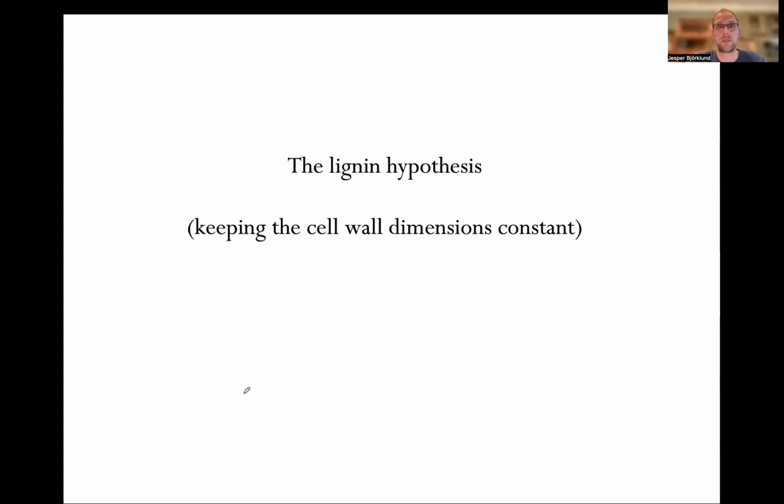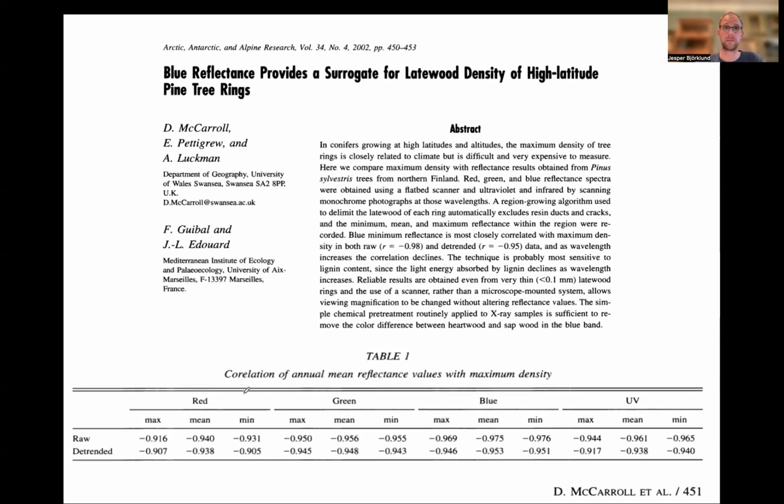So we will start by examining the lignin hypothesis, which can be tested by keeping the cell wall dimensions constant. So this hypothesis was first coined by McCarroll et al., and this is the first paper that actually measured blue intensity as we now know it.